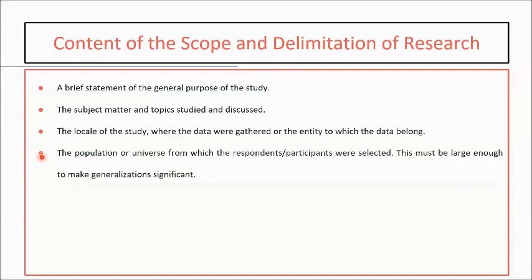Also the population from which the respondents or participants were selected. This must be large enough to make generalization significant. Sometimes we use 100 participants or respondents, di ba, to make the generalization significant, para general yung answer.